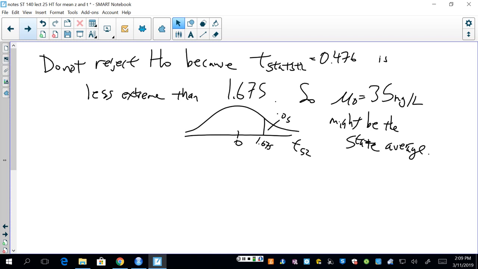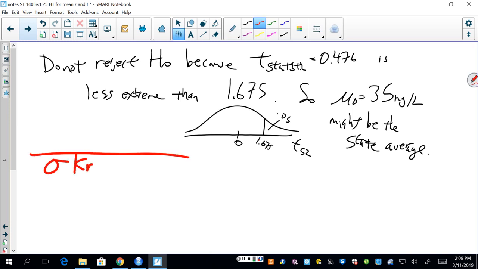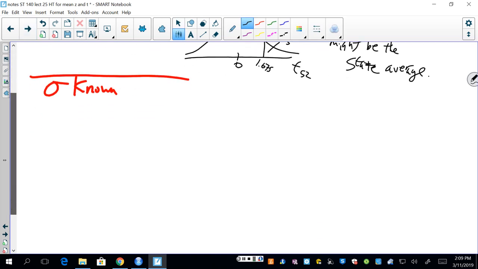If sigma is known in this case, then instead of a t-value we would have calculated the z-value, like sigma over the square root of n.